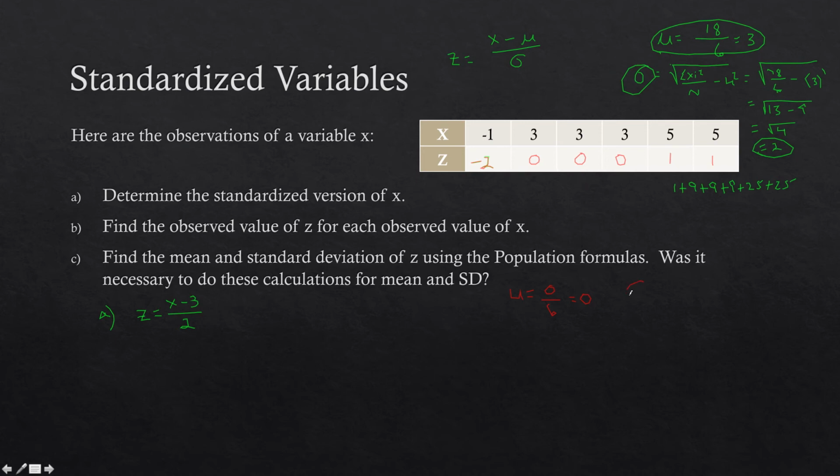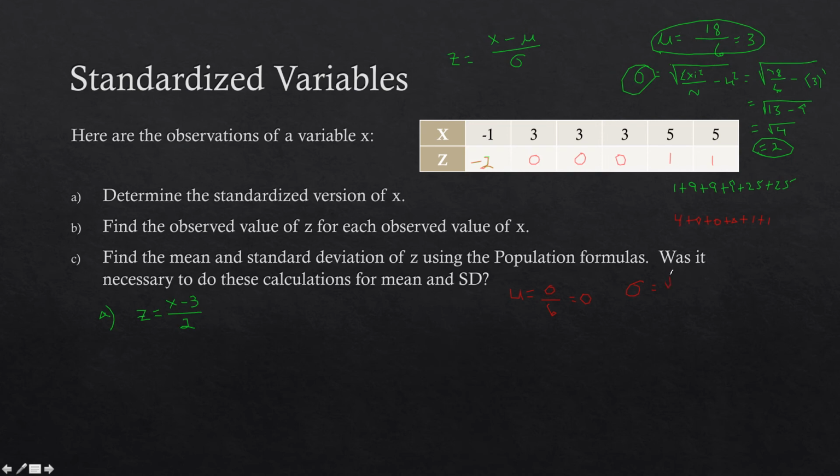Well, if we run this through the same standard deviation process that we did up here, square each one of them, so that's -2 squared is 4, plus 0 plus 0 plus 0 plus 1 plus 1. So that is 6 when we add all those together.